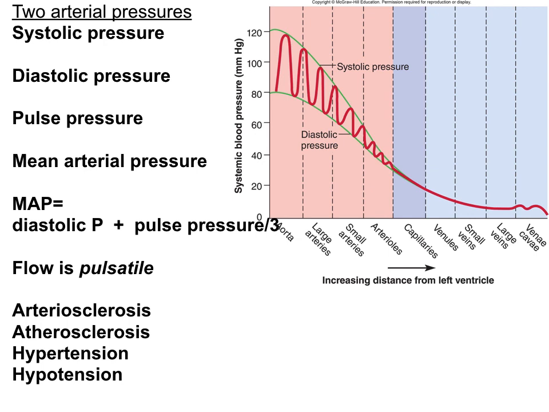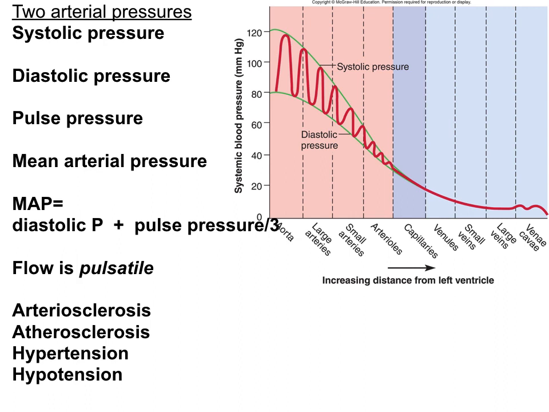Atherosclerosis is different. In atherosclerosis, you actually start to accumulate lipid deposits along the inside of your vessel wall, so along the tunica intima. Now, these lipid deposits can calcify like bone, which would make the artery wall stiffer.